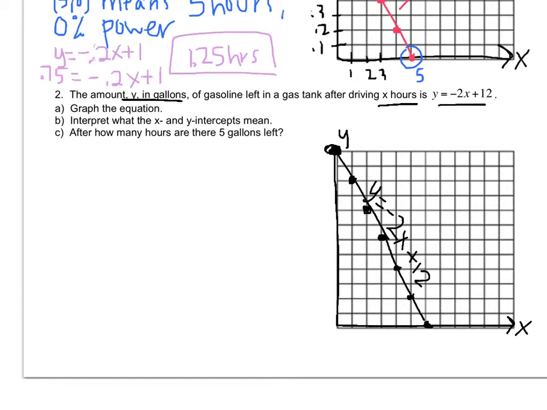Letter B, interpret what the x and y intercepts mean. I already mentioned that 0, 12 is the y-intercept, and 0, 12 means that you start with 12 gallons.